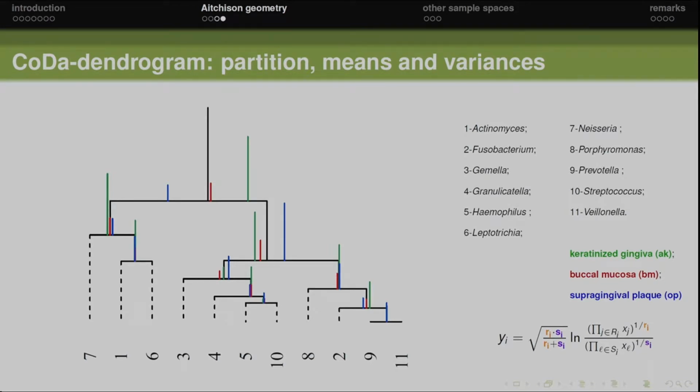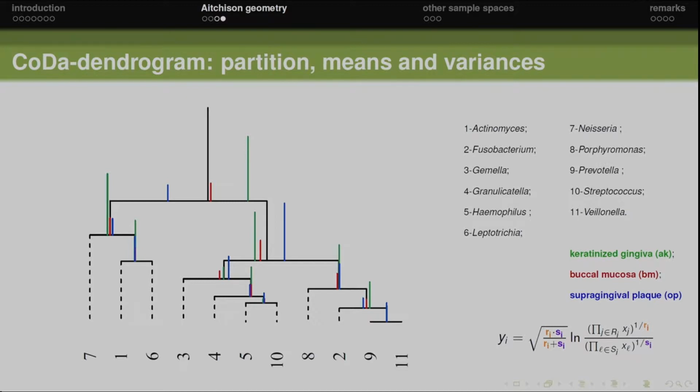And here is a way to build coordinates, which are based simply here. There are 11 taxa, and we perform a sequential binary partition.